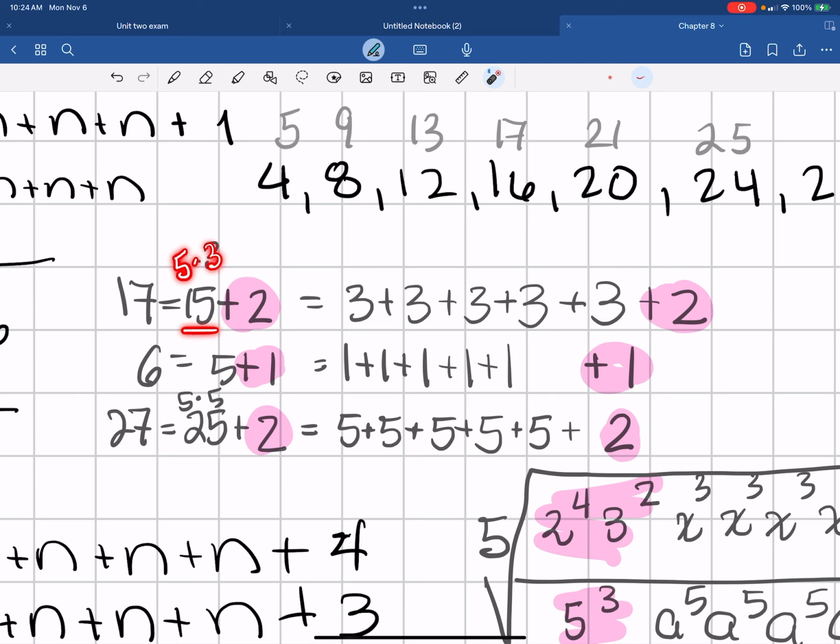So we're replacing the 15 with 3 added to itself 5 times. 1, 2, 3, 4, 5. 6 is 5 plus 1, so it's 1 added to itself 5 times, and then we have the remainder of plus 1. 27 is 25 plus 2. 25 is 5 times 5, so it's 5 added to itself 5 times, and then the remainder of plus 2.